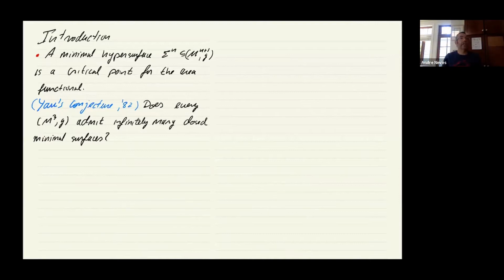Yau's motivation to ask this question was that minimal surfaces can be seen as a higher dimensional analog of geodesics.